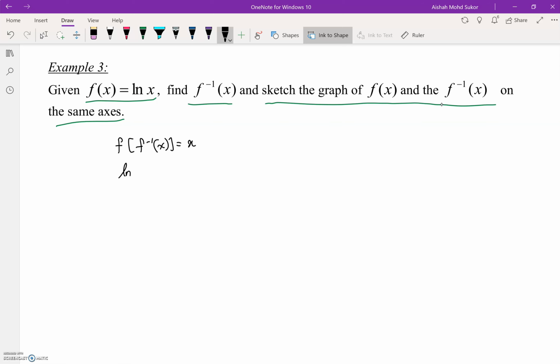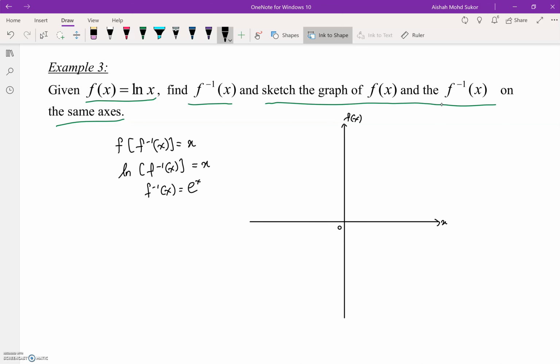So we have ln(f inverse(x)) is equal to x. As ln is equal to log base e, by using anti-log, we will end up with f inverse(x) equal to e to the power of x.